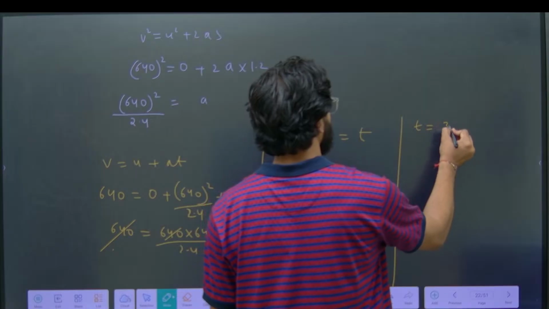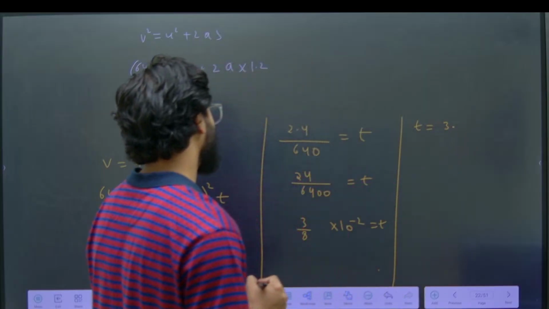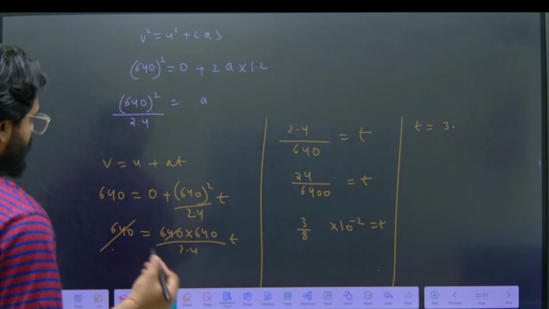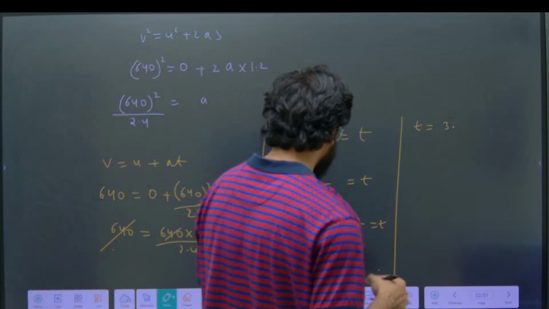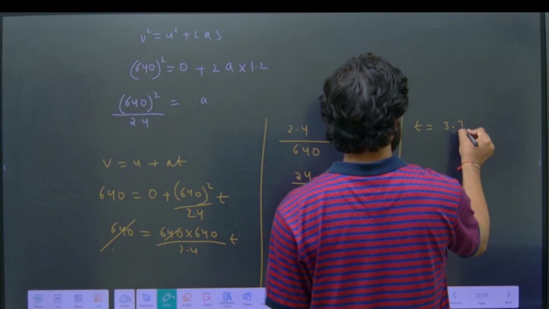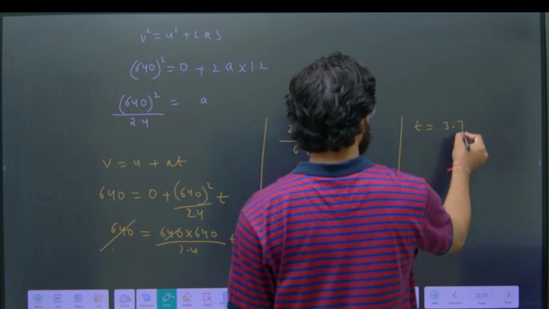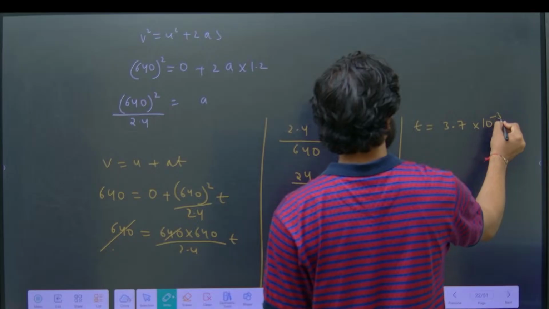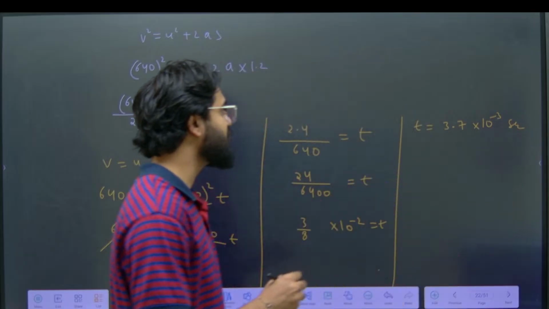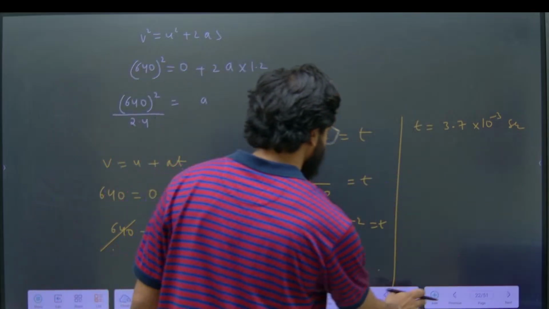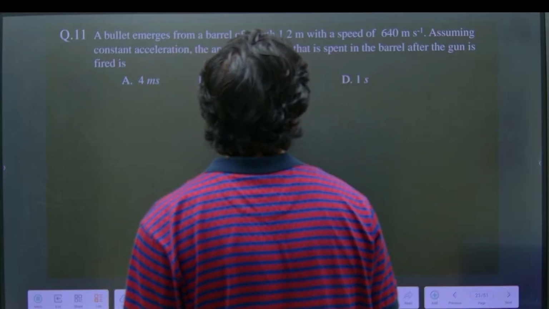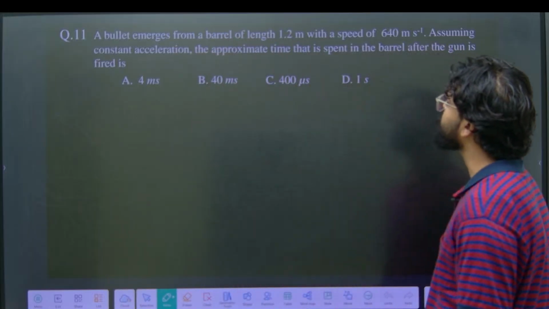So 3, because 24 and then 60. So lagbhag, let's write 7 seconds. Okay. Acha. But there will be milli as well, because we have assumed it as 30. So 3.7 seconds. So they are asking the approximate time.